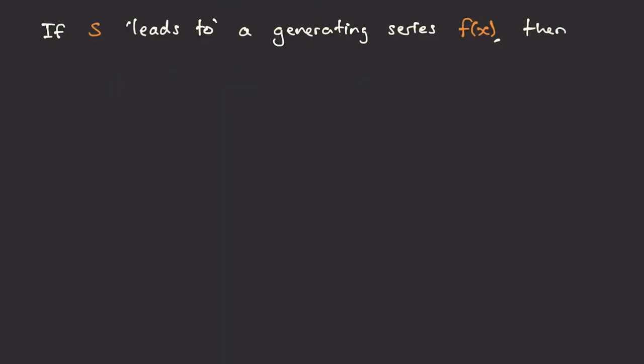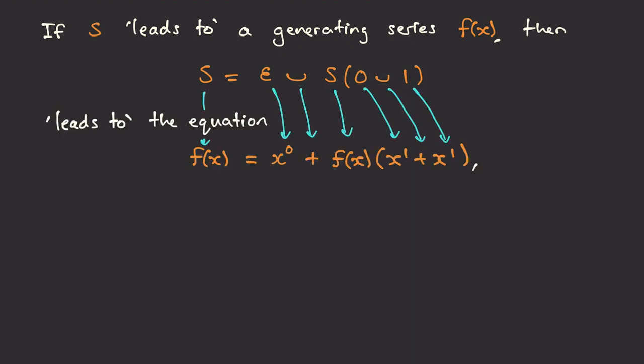We know that unambiguous regular expressions lead to rational functions, and we can apply this idea here except to these equations which contain S on both sides. If f of x is the function that S leads to, then this equation leads to an equation concerning f of x. The left-hand side leads to f of x, and the right-hand side leads to 1 plus f of x times x to the 1 plus x to the 1.